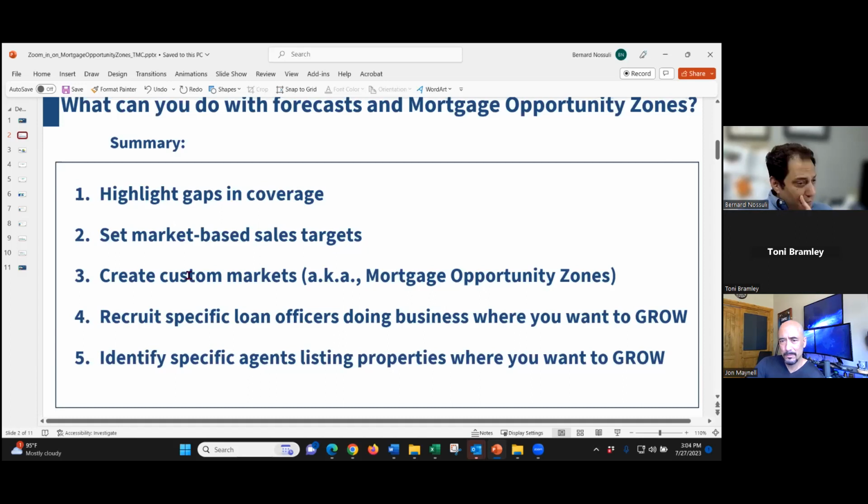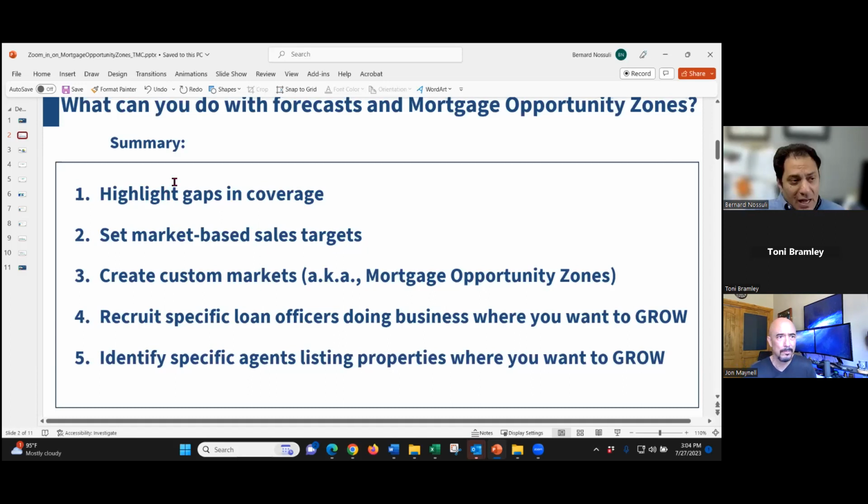And then 4 and 5 are making sure that you're working with, on the recruiting side, the right LOs where you want to grow. That's the real key. It's where you want to grow. And then again, identifying and working with the agents where you want to grow. Okay, so being very specific and very intentional.